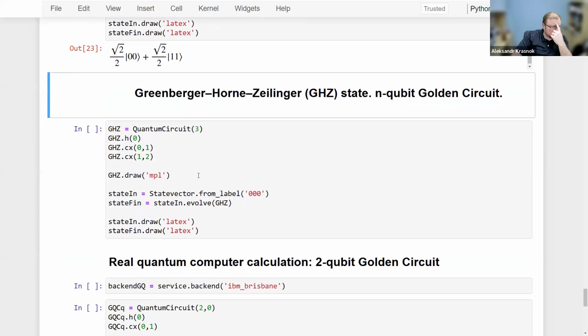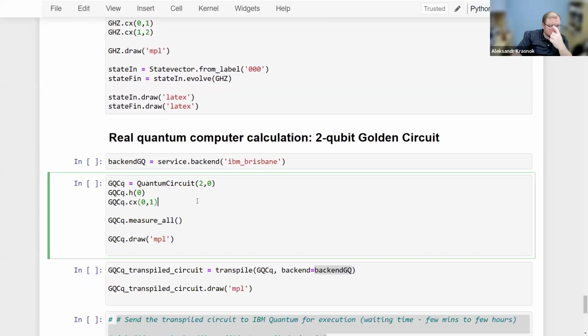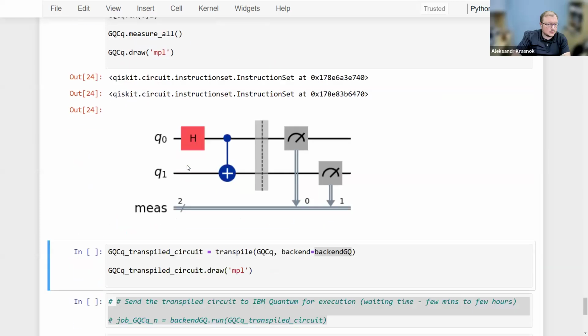So this is the part I'm talking about. You apply Hadamard to the first qubit. Hadamard creates superposition of two states with equal probability. State 0 does not affect the second qubit, but the state 1 does. It flips the state of the second qubit.